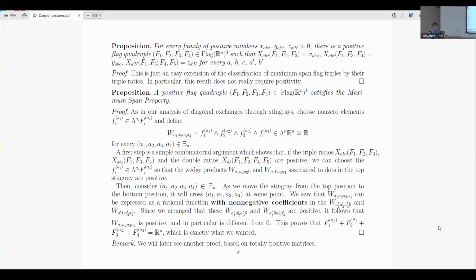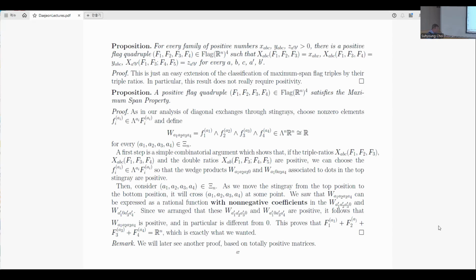And the reason is, we had shown when studying diagonal exchanges with stingrays and so on, we were considering these wedge products, previously ABCD, now they are called A1, A2, A3, A4, and the associated wedge product of these. And to show that the corresponding subspaces form a direct sum, it's enough to show that this is non-zero. We had a result which said that all of these we could express in terms of the wedge products that are in the top stingray.